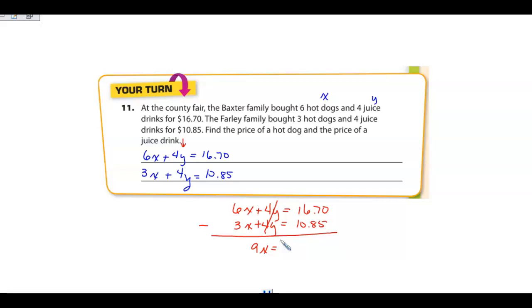Oops. Sorry about that. Try this again. 1670 minus 1085, and I get 585. Divide both by 9, and I get 65 cents.